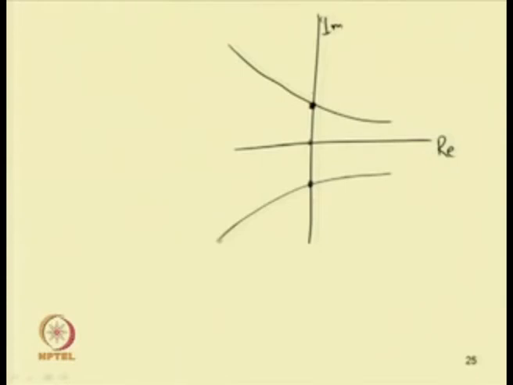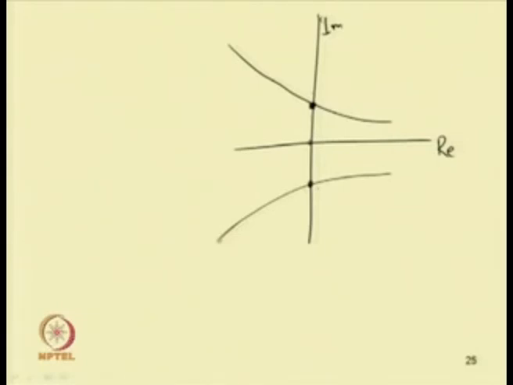In the case of the Hopf bifurcation, due to the presence of this imaginary root, the system response becomes oscillatory. So, from the stable fixed point response, one can obtain a periodic response at this bifurcation point.